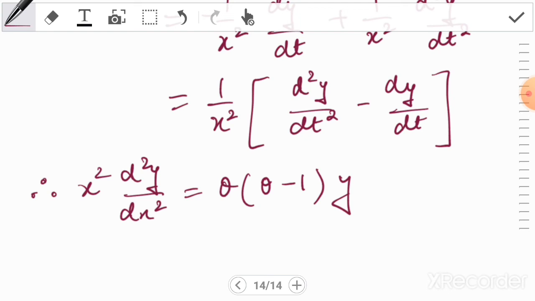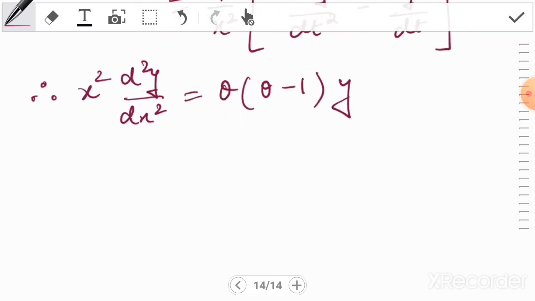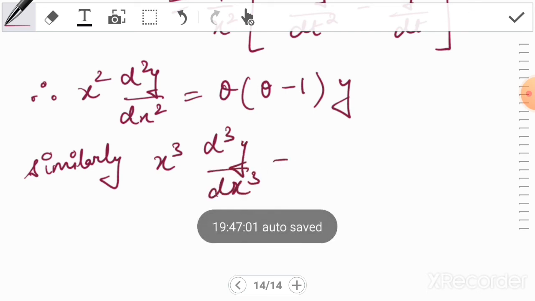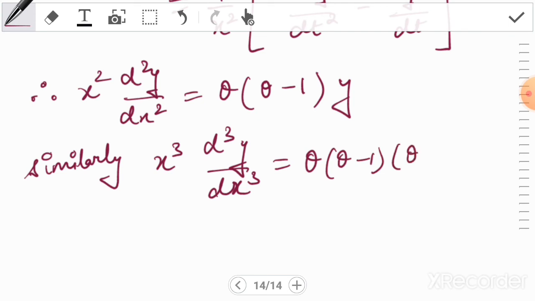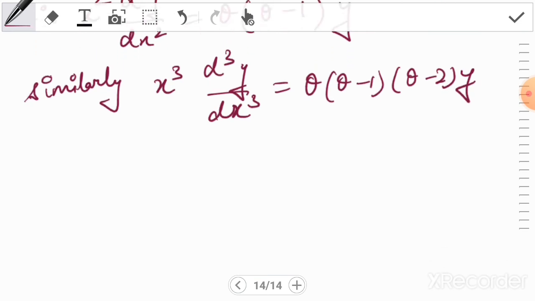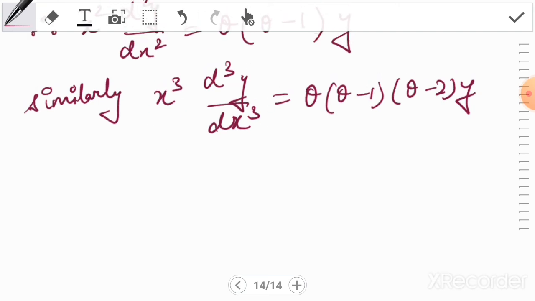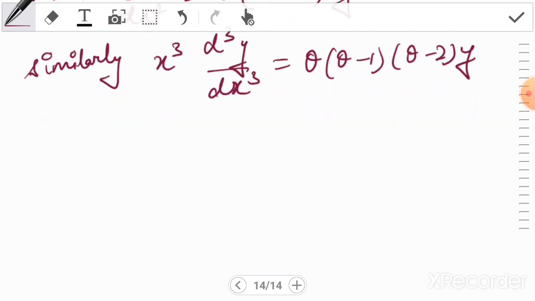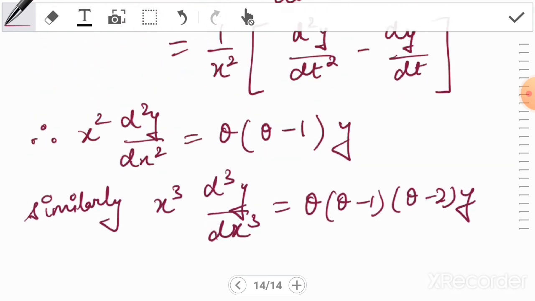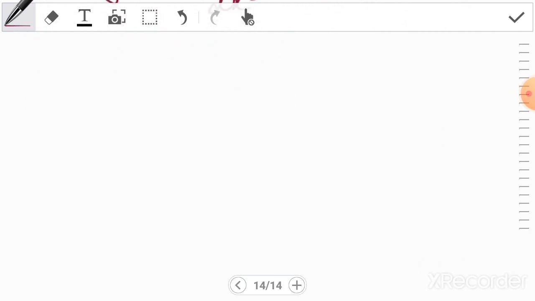And similarly, x cube d cube y by dx cube can be written as theta times (theta minus 1)(theta minus 2) y, and so on. Now substitute all these values in the given differential equation. Then it will result in a linear equation with constant coefficients, which can be solved as before. Let us understand this with an example.